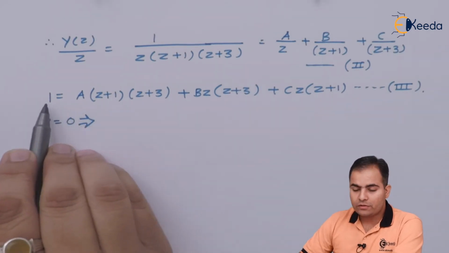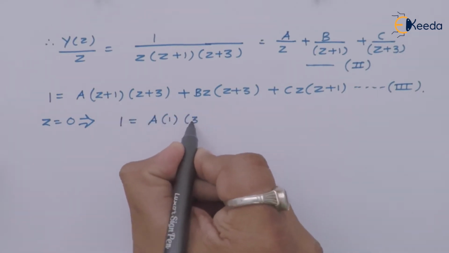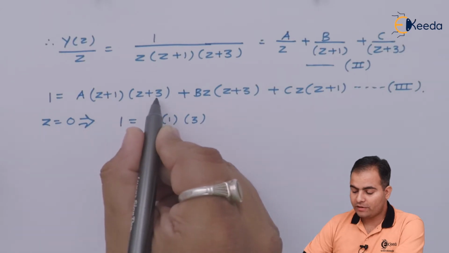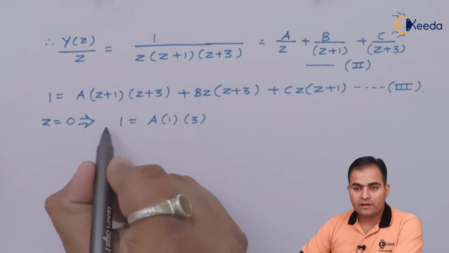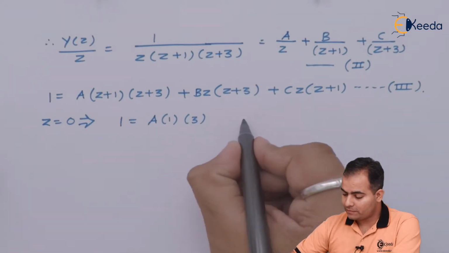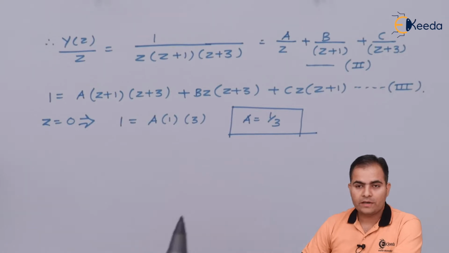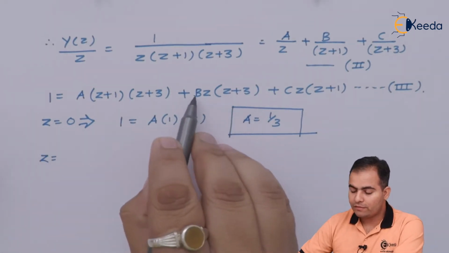So we will get the answer of only a. So if this z is replaced by 0, we'll have only 1 and only 3 in this bracket, and 1 into 3 is 3, and if I shift this 3 to the left hand side, the a value becomes 1 by 3.